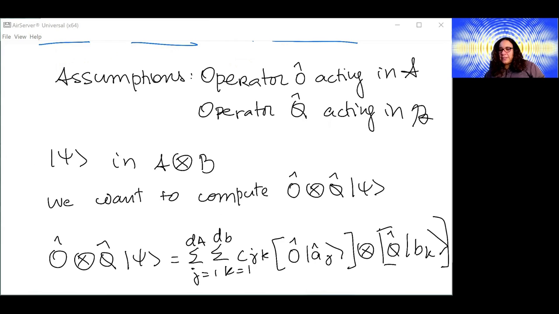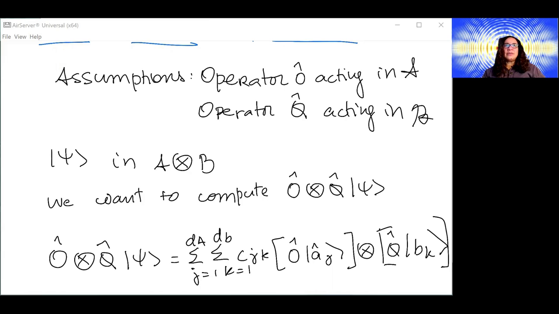If you have an operator acting in a subspace A, it's only going to change kets from that subspace. And if you have an operator acting in the subspace B, it's also only going to change state vectors in that subspace. And this is something you have to bear in mind if you want to do these things consistently.